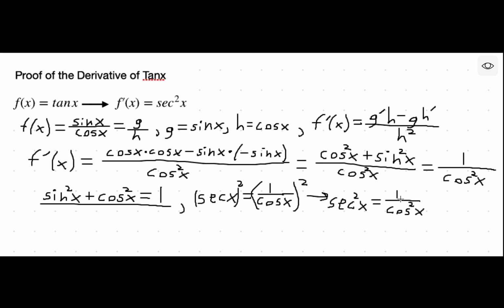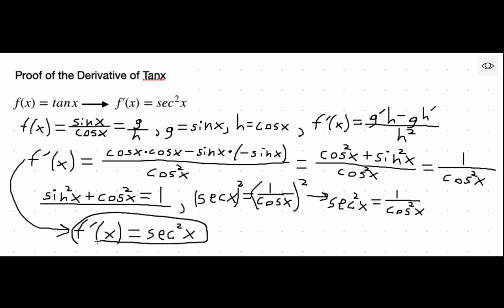So now we know that 1 over cosine x squared is equal to secant x squared. So that means the derivative here has to be secant x squared. So now we've proven that the derivative of tan x is equal to secant x squared using the quotient rule.